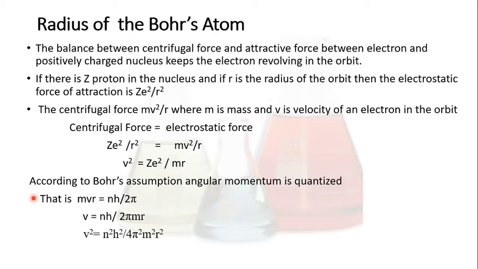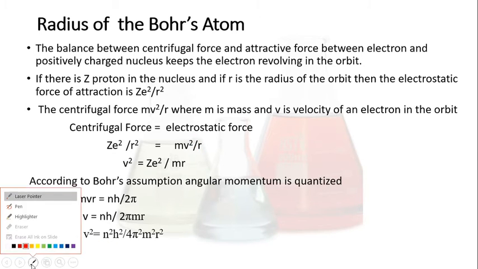And the centrifugal force is given by mv²/r, where m is the mass, v is the velocity of the electron in the orbit, and r is the radius. At this point the centrifugal force balances the electrostatic force. That means Ze²/r² = mv²/r.